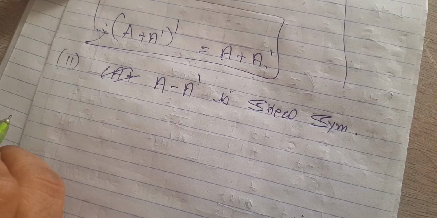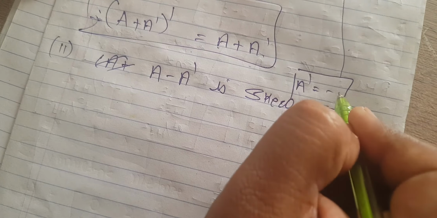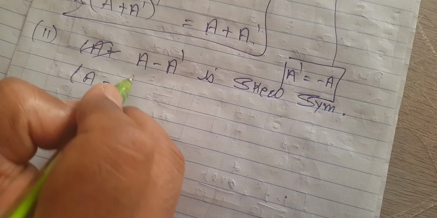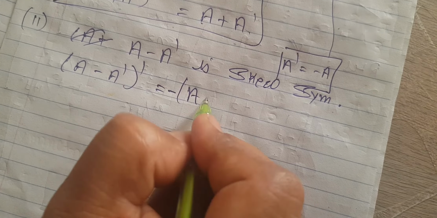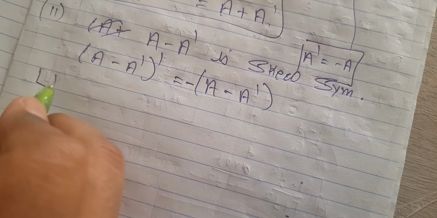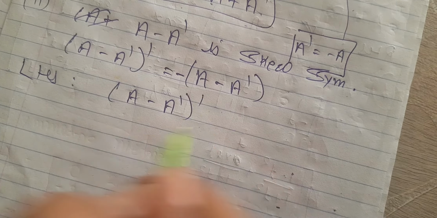A skew symmetric matrix, when we say, if A dash is minus A, that means A minus A dash whole dash has to be minus of A minus A dash. We can prove it. We take the left hand side, A minus A dash whole dash.